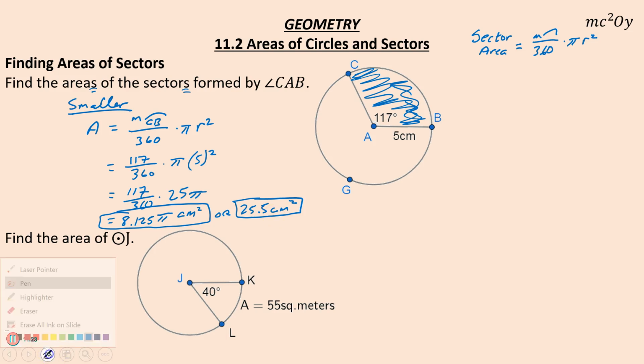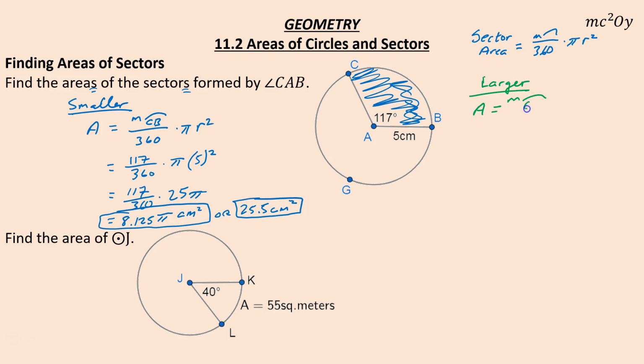If we switch it up and actually find the area of the bigger, the larger area, we're going to have the same idea. Area is equal to the measure of arc, this time CGB, over 360 times pi r squared.